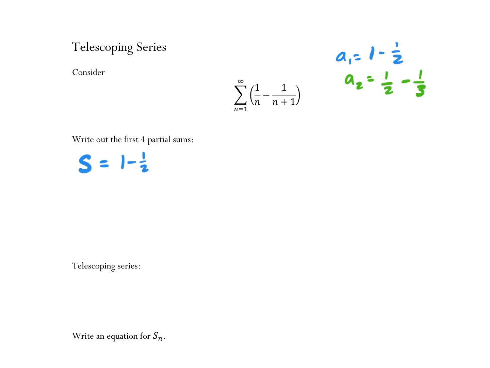If I'm finding my second partial sum, S2, I'm going to take this 1 minus 1/2 and add 1/2 minus 1/3. Now, what's A3? It would be 1/3 minus 1/4.